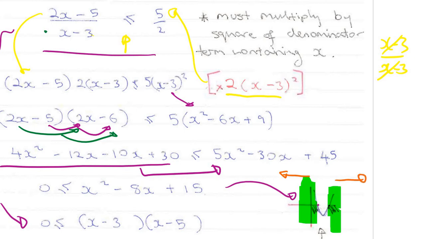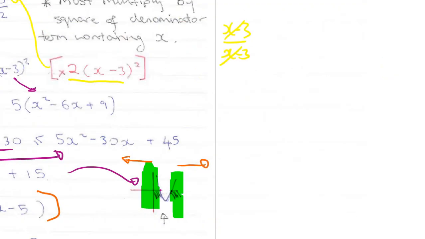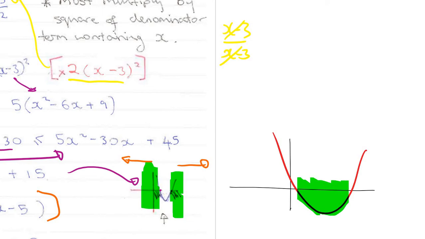If I'd ended up with an inequality where this was less than 0, so the inequality was swapped around, then the values of x I'd be looking for would be here, because this is where my curve is less than 0, so my x value would be between 5 and 3.